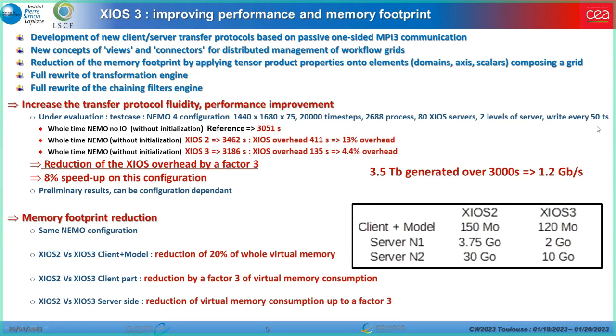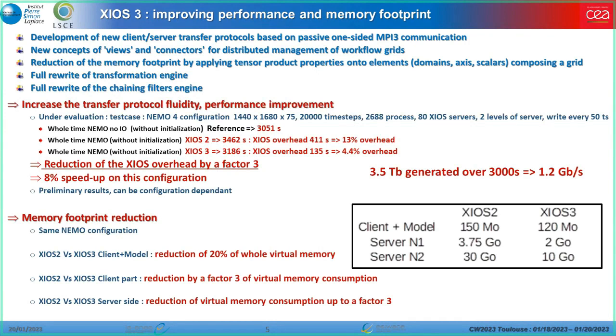Okay, sorry. Every 15 time steps. And so this configuration generates more than 3 terabytes of data in less than one hour. We compare the reference time with no IO, with XIOS2, and with XIOS3. For XIOS2, you have 13% of overhead, and for XIOS3, now there's only 4% of overhead.